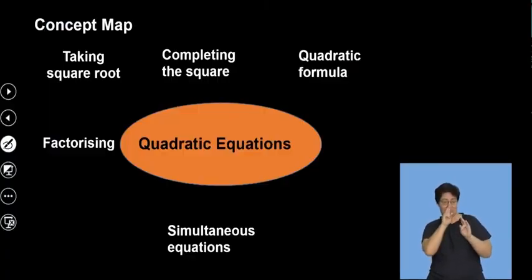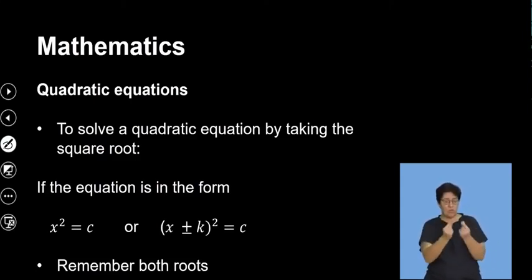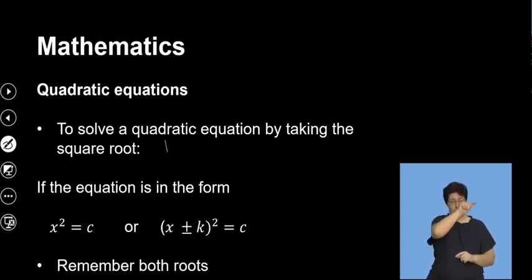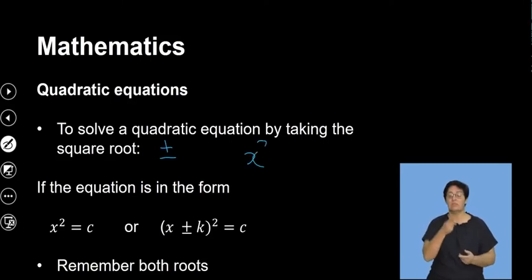Let's have a look. If I have what we call a quadratic equation, to solve it by taking the square root, taking a square root is always a plus or minus situation. Let me make an example. If I have x squared equals 4, let's solve this using factorization, which we just did.